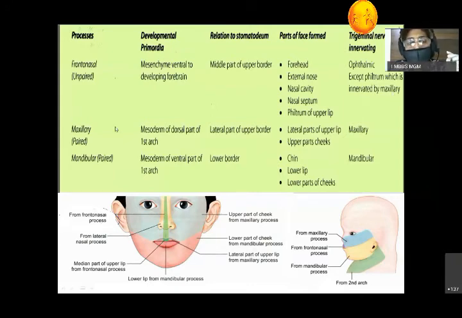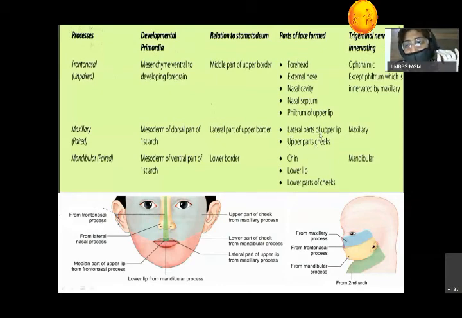Second process, the maxillary process. What is it giving us? It is giving the lateral part of the upper lips and upper part of the cheeks. Lateral part of the upper lip and upper jaw, both. And upper part of the cheeks also, they are formed by the maxillary process.